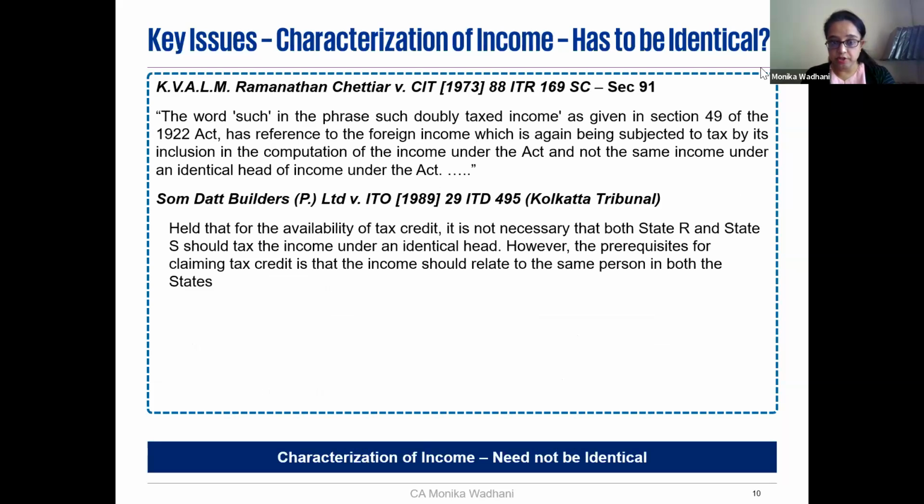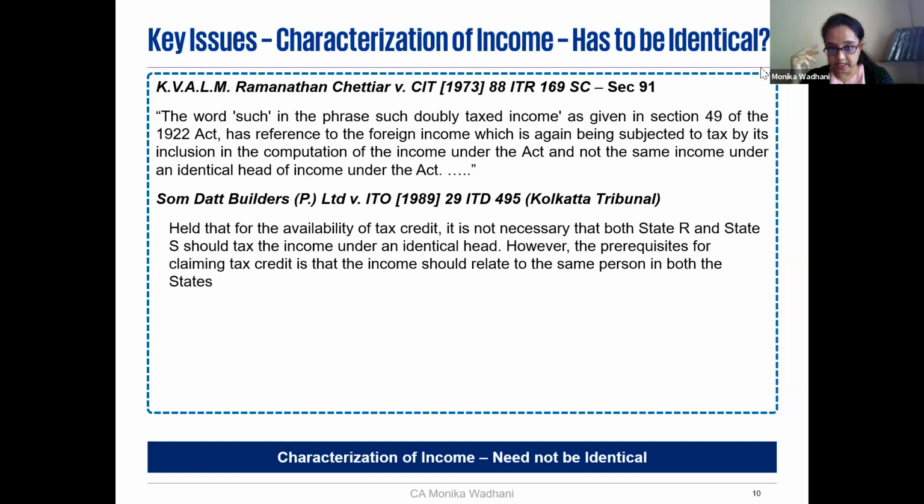A few other issues. What happens in case there is a difference in characterization of income? For example, say there is an Indian resident earning royalty income or FTS income or interest income from a country of source. Now, the country of source is taxing that income on a gross basis under the respective article of the DTAA, considering that the Indian company does not have a PE in that state.